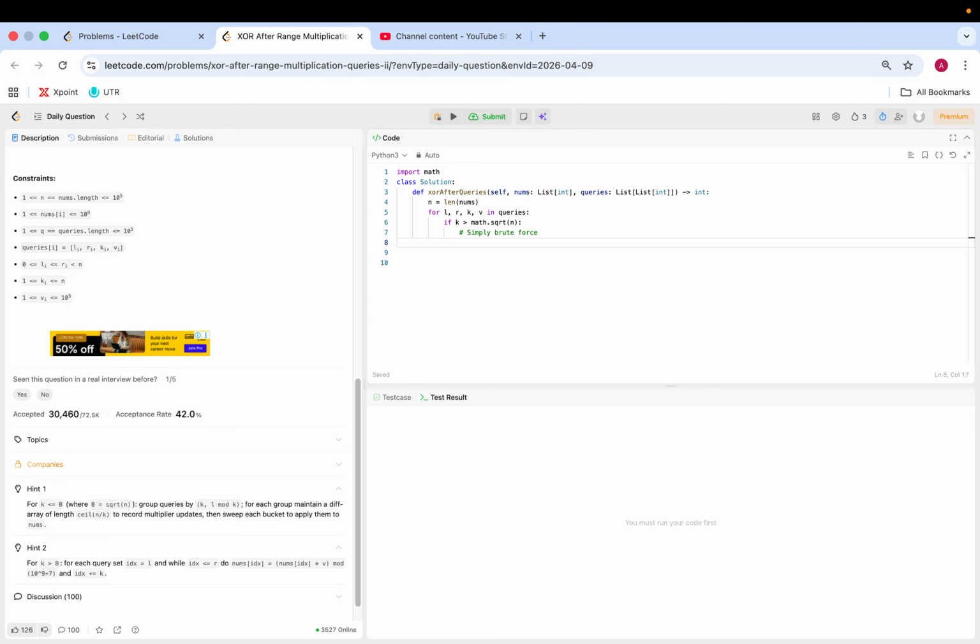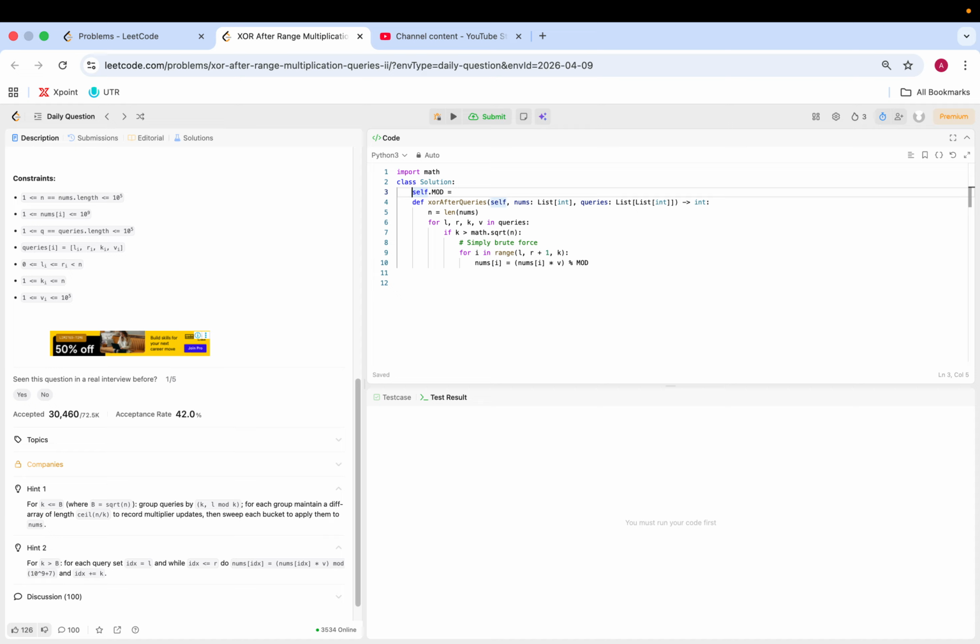So we're going to say, for i in range L up to R plus 1 because it's exclusive, incrementing by K, nums at i equals nums at i multiplied by the V value, that's the value that we're multiplying by, and we mod it with the mod. Can I define mod in here, or it'll be self.mod, won't it?